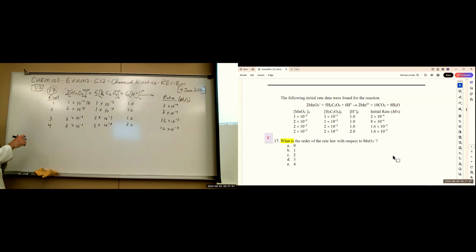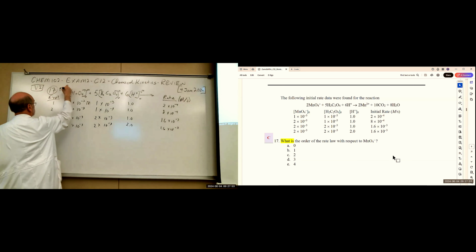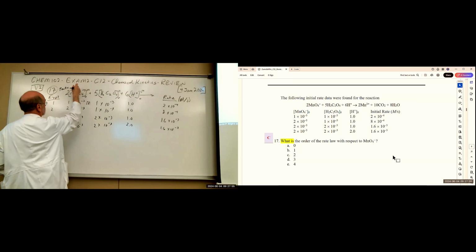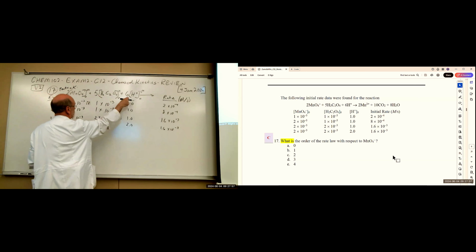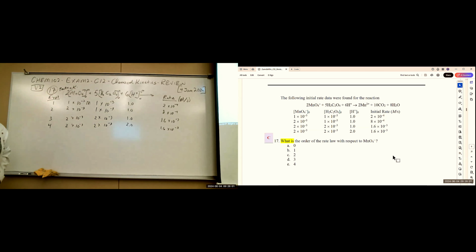You write out the rate law. And the rate law is simply going to be rate equals k times that, times that, times that, without the coefficients. Okay. So we're going to ratio experiments.